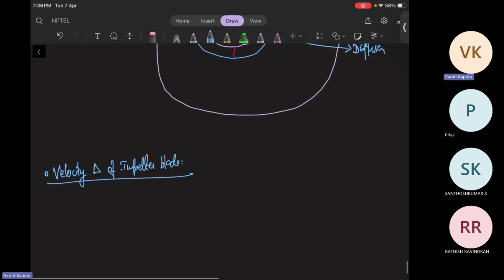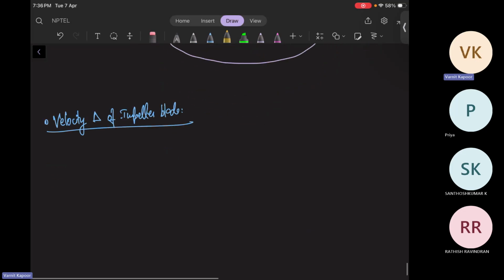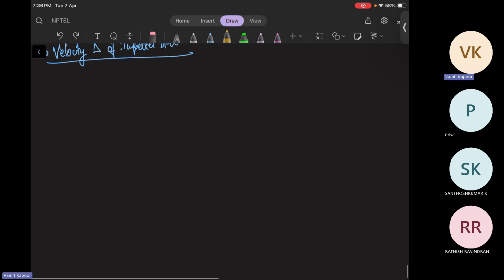Okay, so we have an impeller blade like this. I will use the same color. You will understand the same things in your fluid machinery subjects also. There also you will see these velocity triangles.